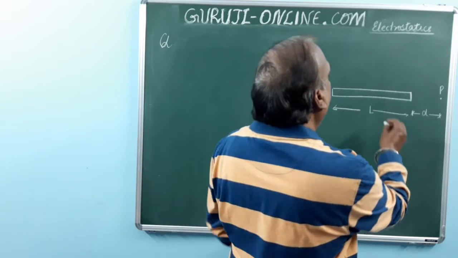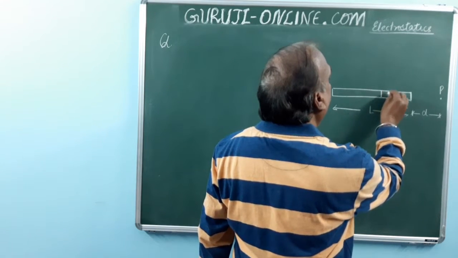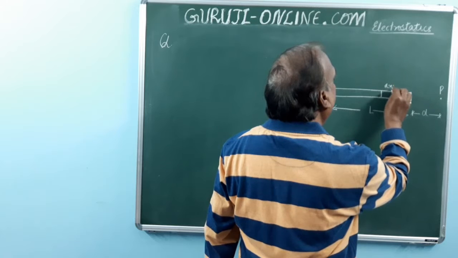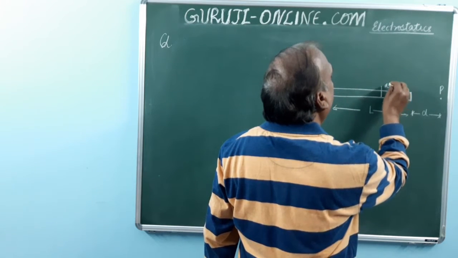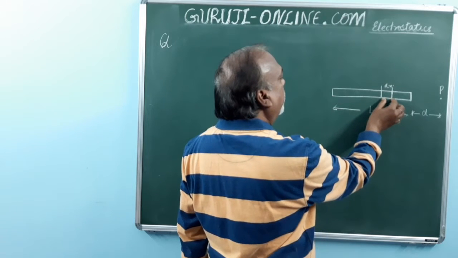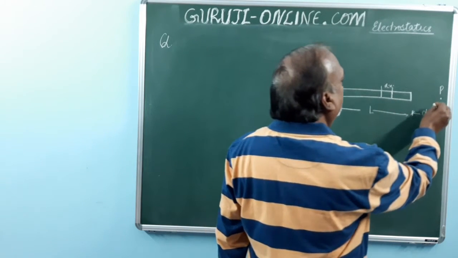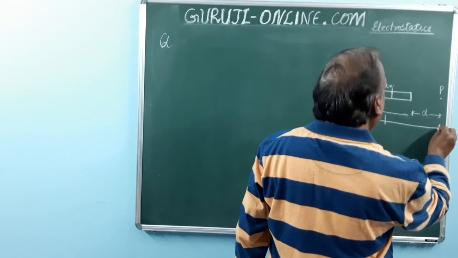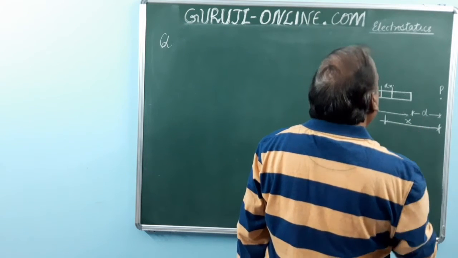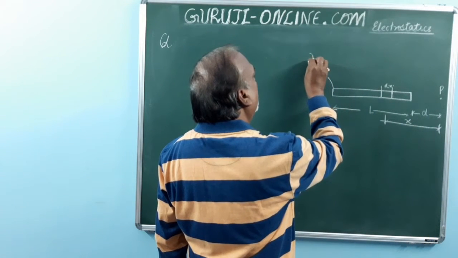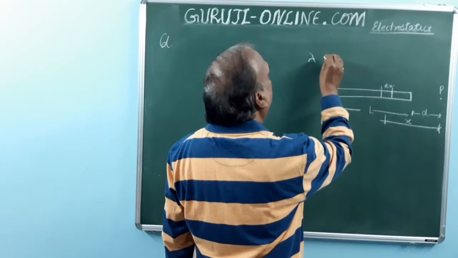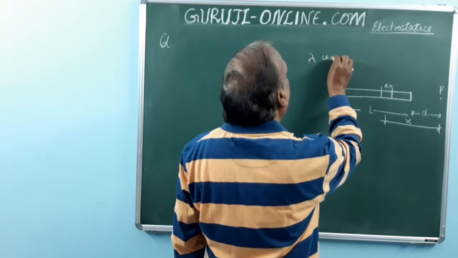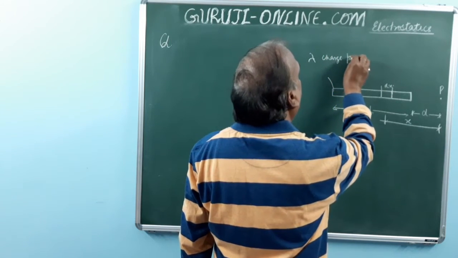Simply by our fundamental principle we can find out. Suppose we take this as dx, width of the rod at a distance x. Now the rod is having lambda charge per unit length.